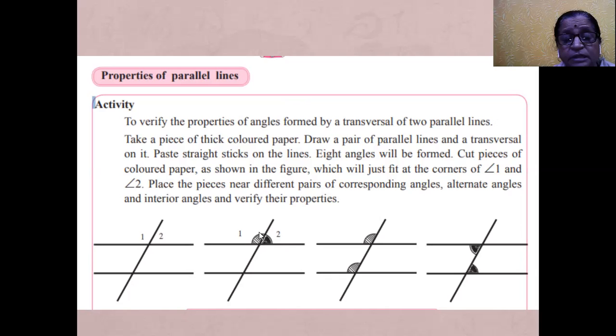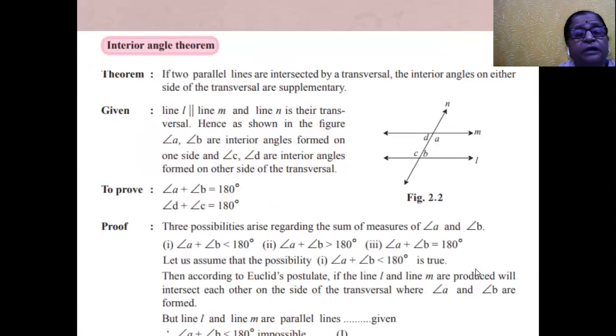You will get 180 degrees, and this is a supplementary angle. Keep one paper of this size here, then remove it and keep it here, and it will be equal. Do the same activity for the alternate angles also. Then we are going to study the interior angle theorem.